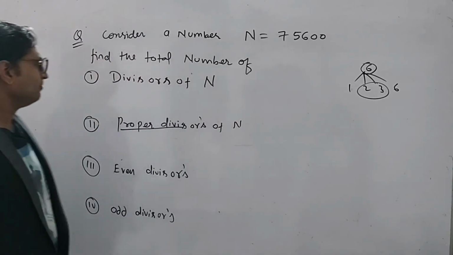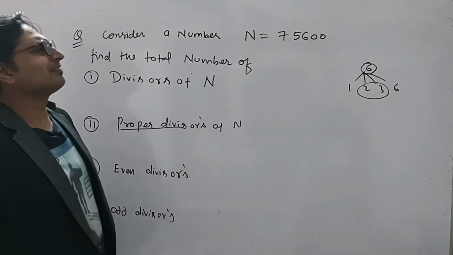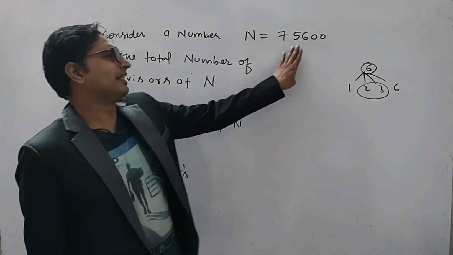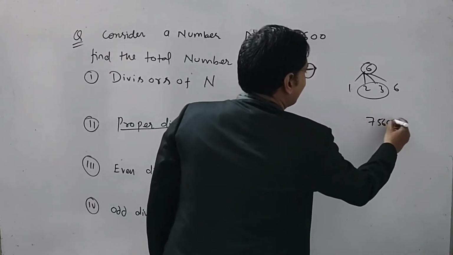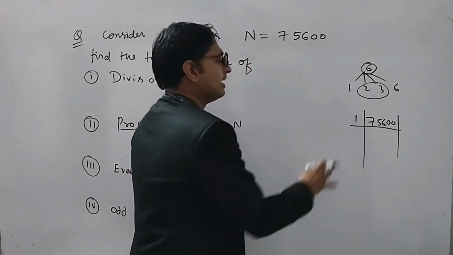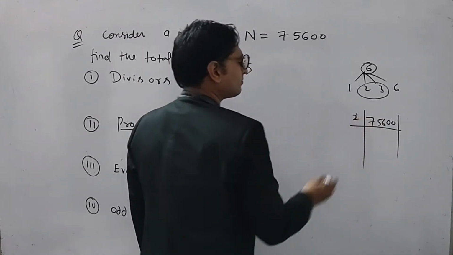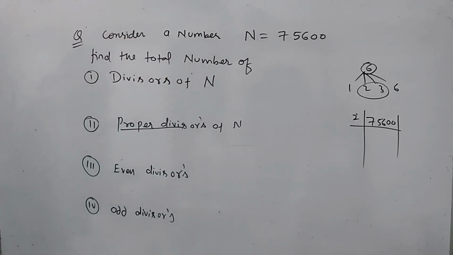Okay, so now we will start from the very first question: total number of divisors of n. First of all, we will factorize this number 75600.